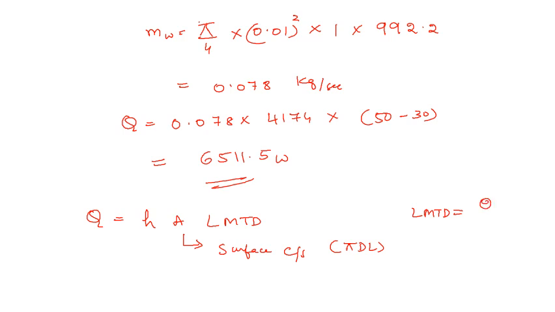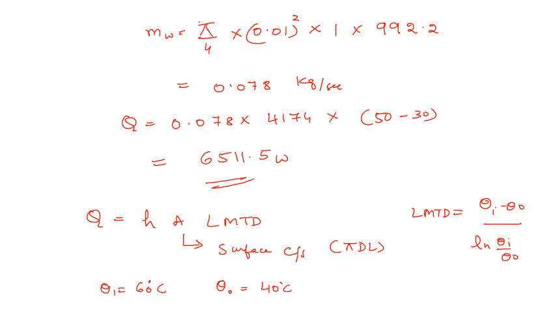I can use theta I minus theta naught divided by ln of theta I over theta naught. As I told earlier, theta I here is 60 degrees, from where we got 60 degrees, that is 90 minus 30, that is 60 degree centigrade, and theta naught is once again 90 minus 50, which is 40 degree centigrade.